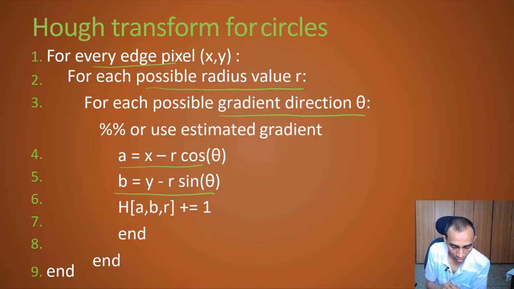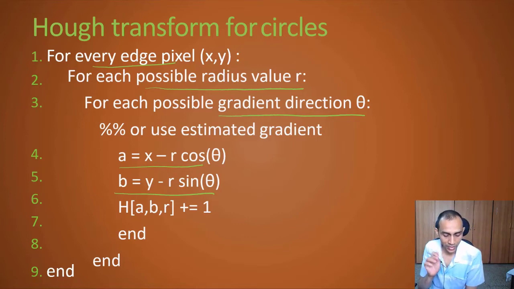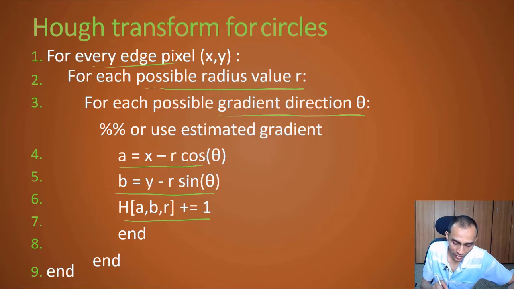We'll do it for r from r minimum to r maximum, but we are only voting in one particular direction because theta is fixed. So it will end up with fewer votes and it will be much easier to localize your peak location, rather than in the normal way with a three-dimensional accumulator.